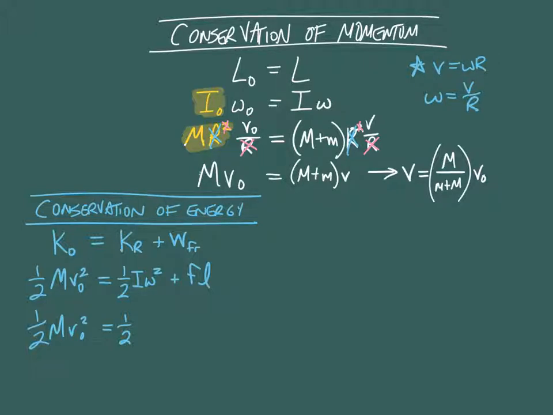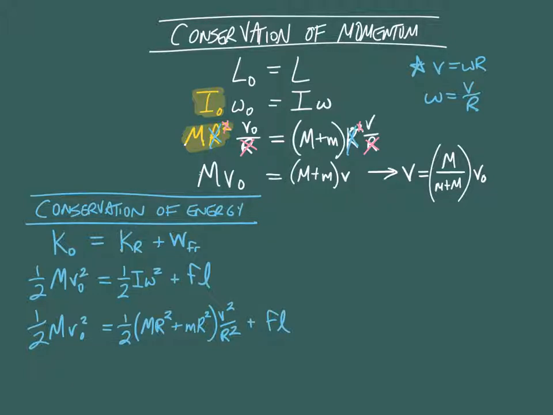Well, there's an M r squared associated with the skater, and there's a little m r squared associated with the ring. And instead of omega squared, remember omega is v over r, I could just have v squared over r squared, plus this work done by friction.